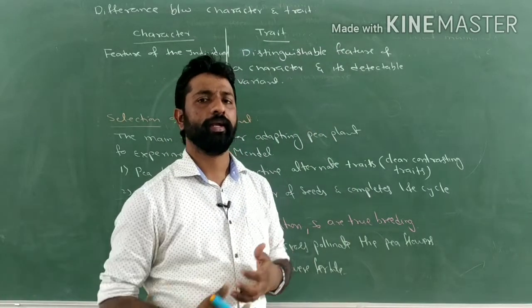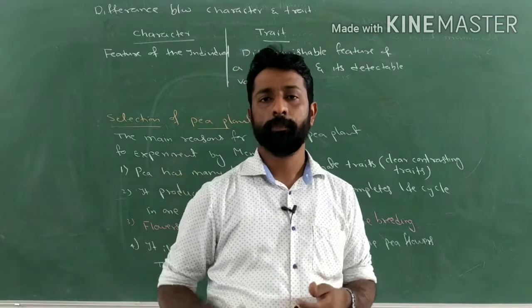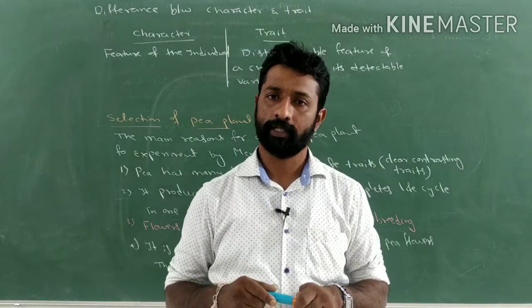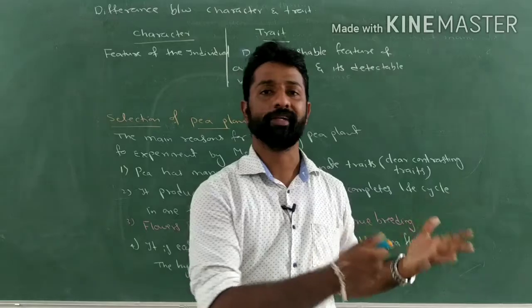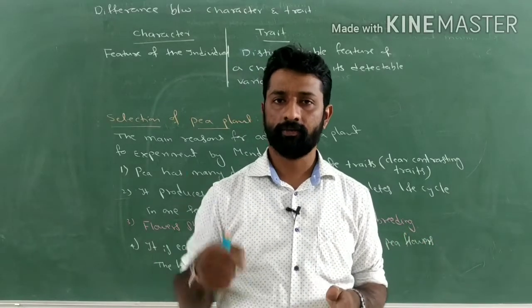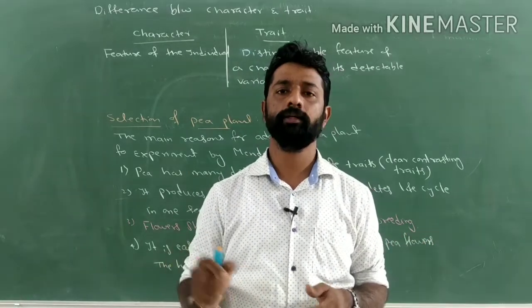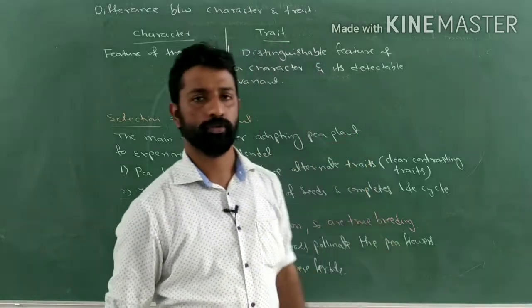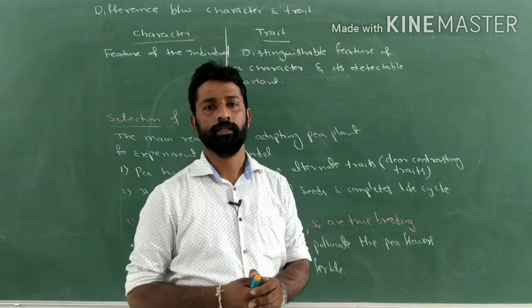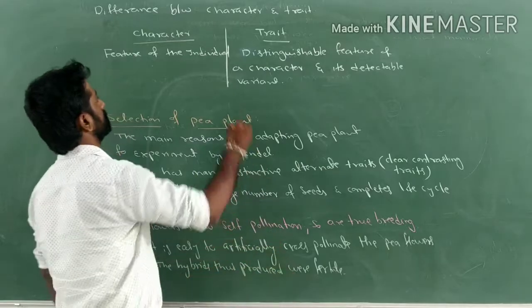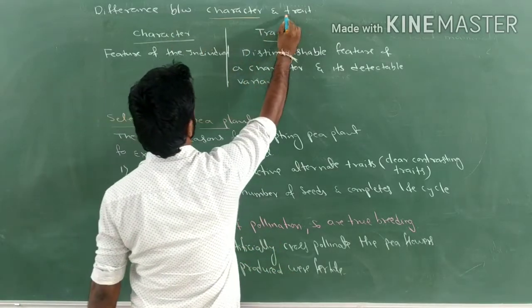Before understanding why he selected the pea plant only for the cross hybridization experiments, why not other plants? Let us acquaint ourselves with two terms which are often used in genetics, that is the character and the trait.